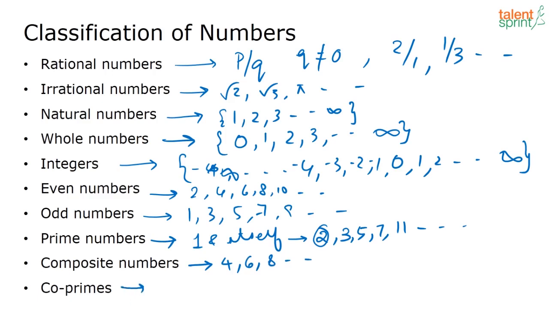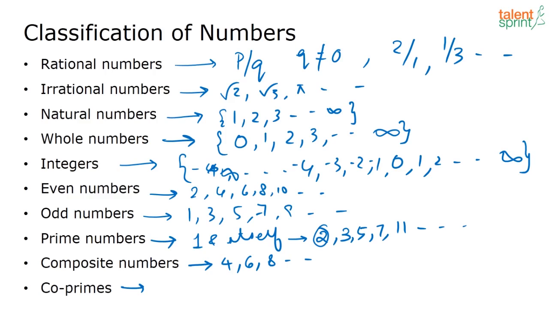Now, what are coprimes? When you are considering coprimes, you take two numbers at a time, and when you compare these two numbers, what we see is that these two numbers have only one common factor, and that is 1. Such numbers are called coprime, or you can say that the HCF of the two numbers is 1.